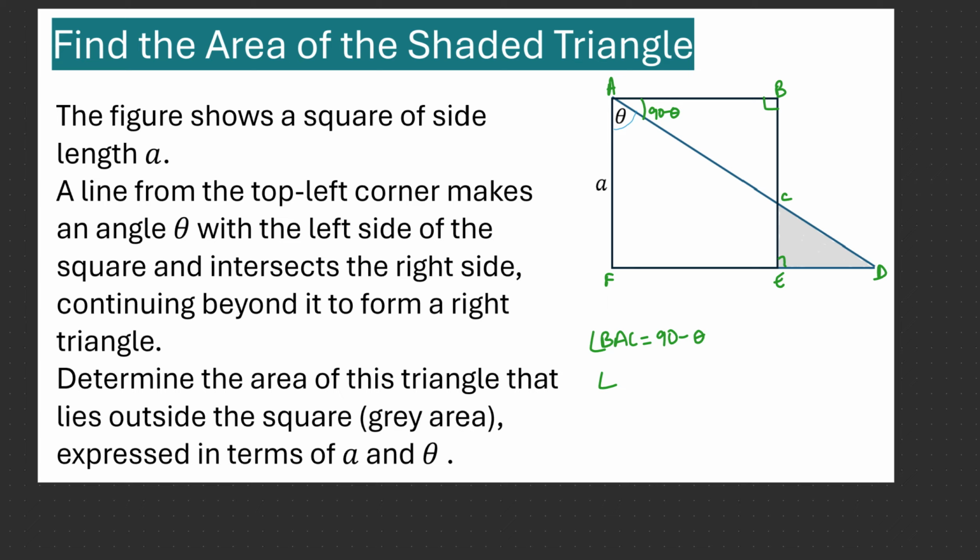So angle ACB is 180 minus 90 minus theta plus 90, that is equal to theta. So hence this angle is theta, and therefore this would also be theta, and that is equal to angle ECD, because they are vertically opposite angles.